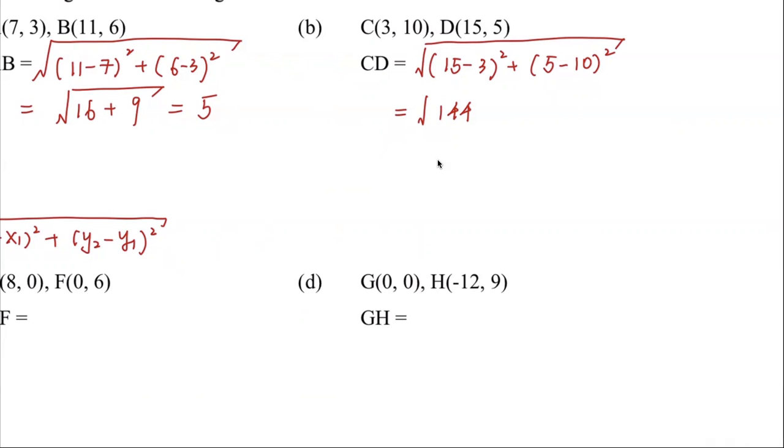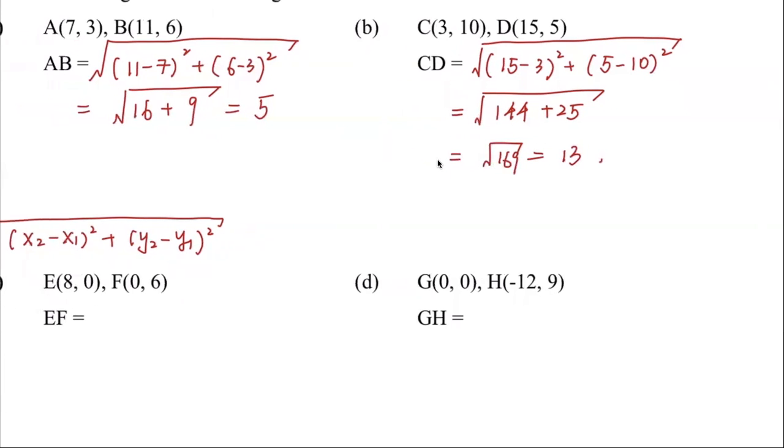5 minus 10 is minus 5, and minus 5 squared is 25. 144 plus 25 is 169, and remember, I said 13 squared is 169. So the square root of 169 is 13.